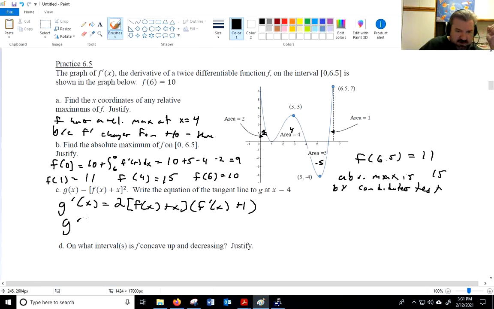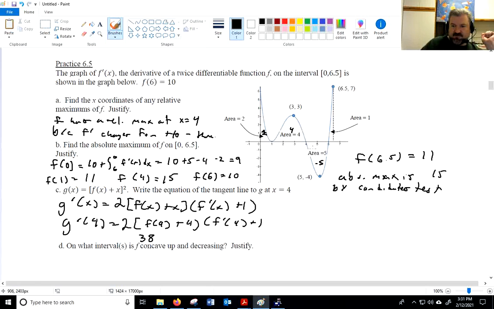So g prime of 4 is equal to 2 times f of 4 plus 4 times f prime of 4 plus 1. Well, what is f of 4? We found that earlier. That's 15. So 15 plus 4 is 19 times 2 is 38.